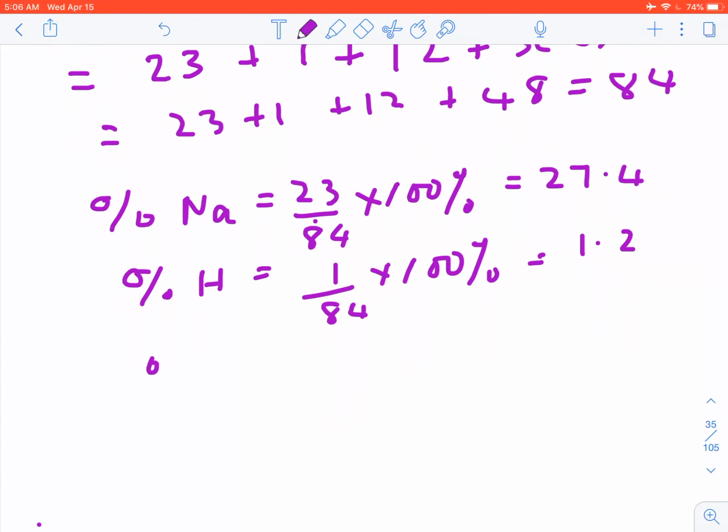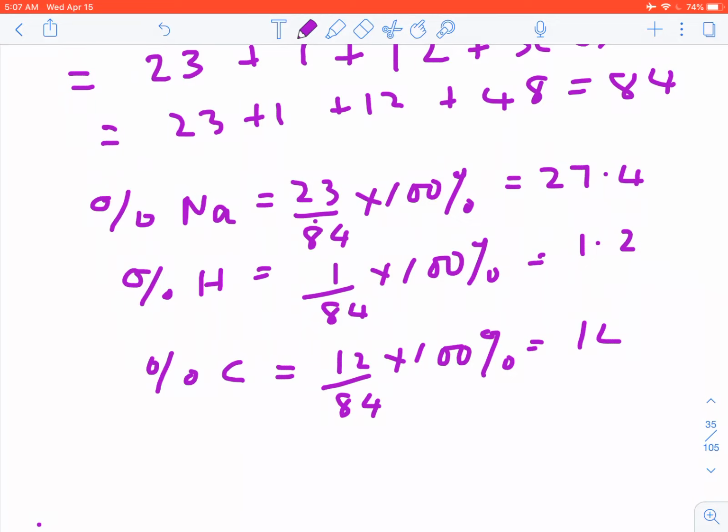Then percentage of carbon is equal to 12 upon 84 times 100%, which gives us 14.3%.